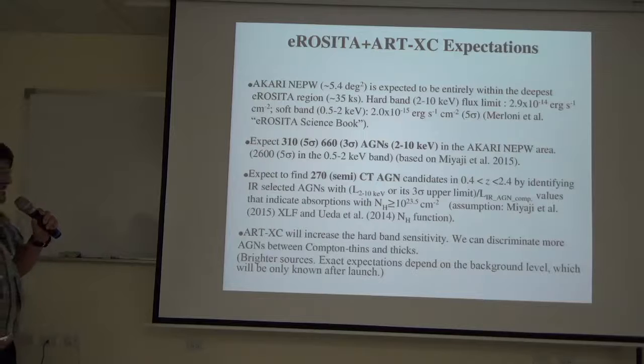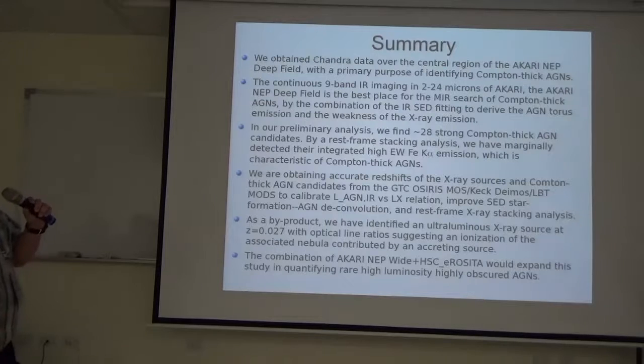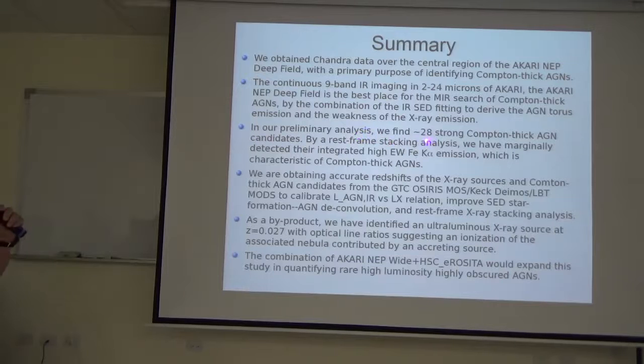Okay, I think this is more or less what I wanted to say. So to summarize, we obtained Chandra data over the central region of the AKARI NEP Deep field with the primary purpose of identifying Compton-thick AGNs. In our preliminary analysis, we had 28 strong Compton-thick AGN candidates, and especially this is an older version.